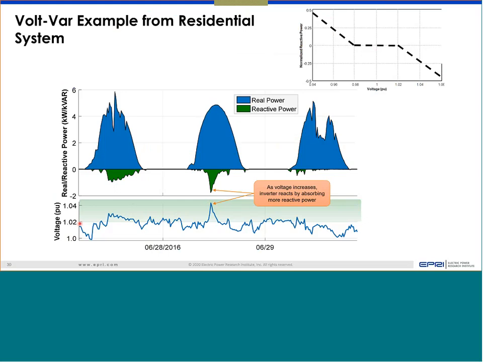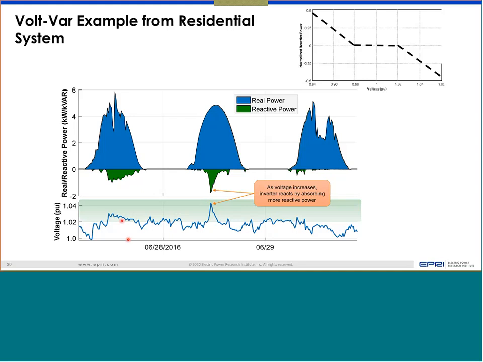You can clearly see that whenever the voltage exceeds 1.02, only in those incidents was the inverter absorbing VAR. This is nighttime, so nothing is happening. Again, as voltage goes high, reactive power goes high, and it follows that.